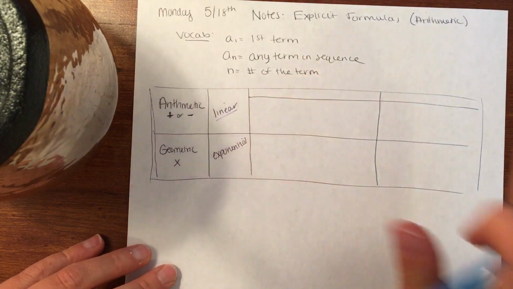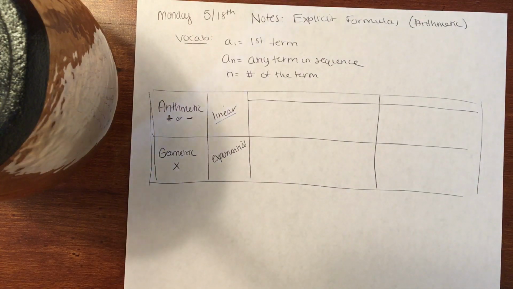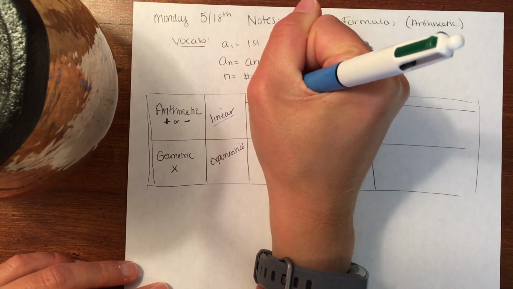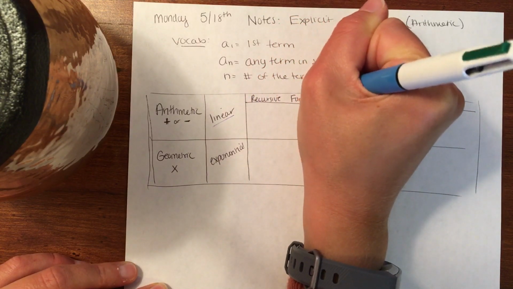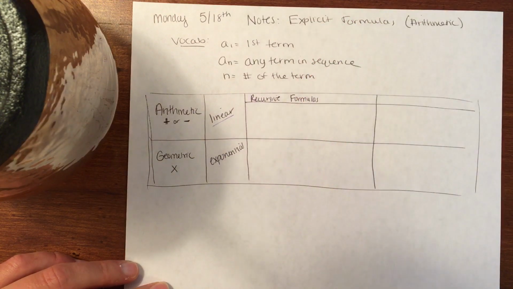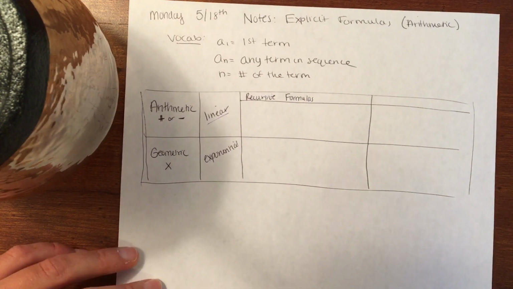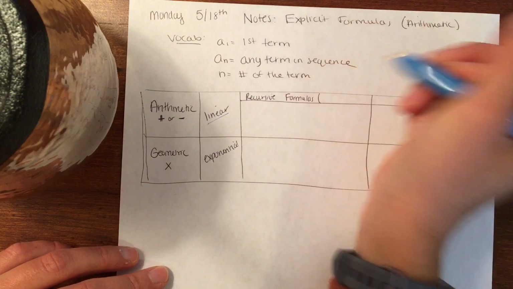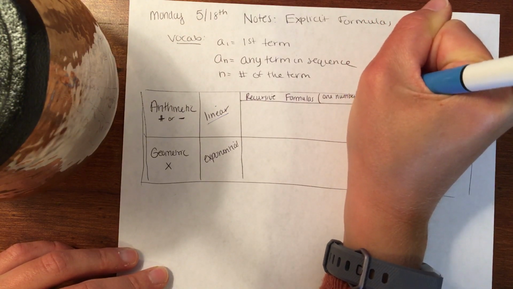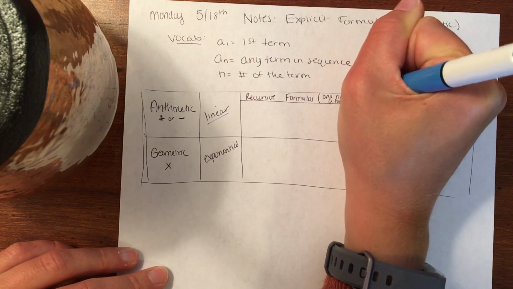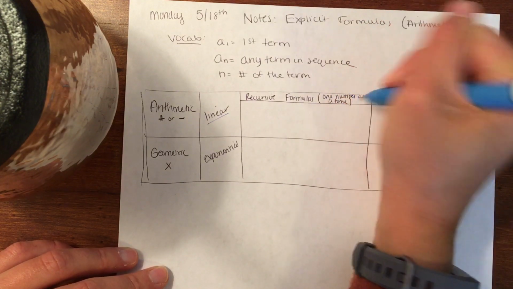Let's review quickly before I teach you the new formula, the recursive formula. That was last week. So recursive formulas, you should know, but I wanna review in case it's been a week since you've seen it. This is when you can find one number at a time. So we use recursive formulas when you want to find one number at a time.